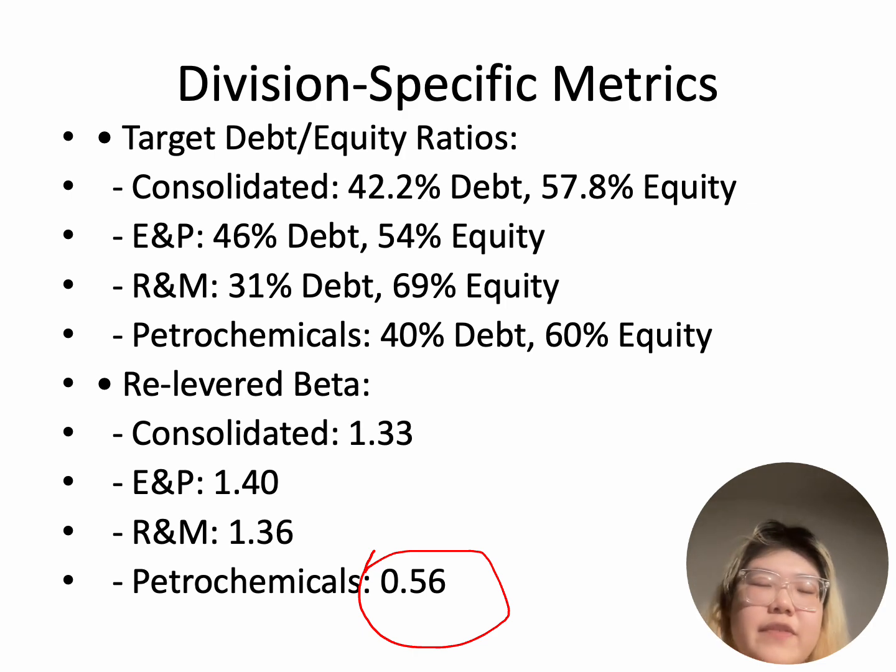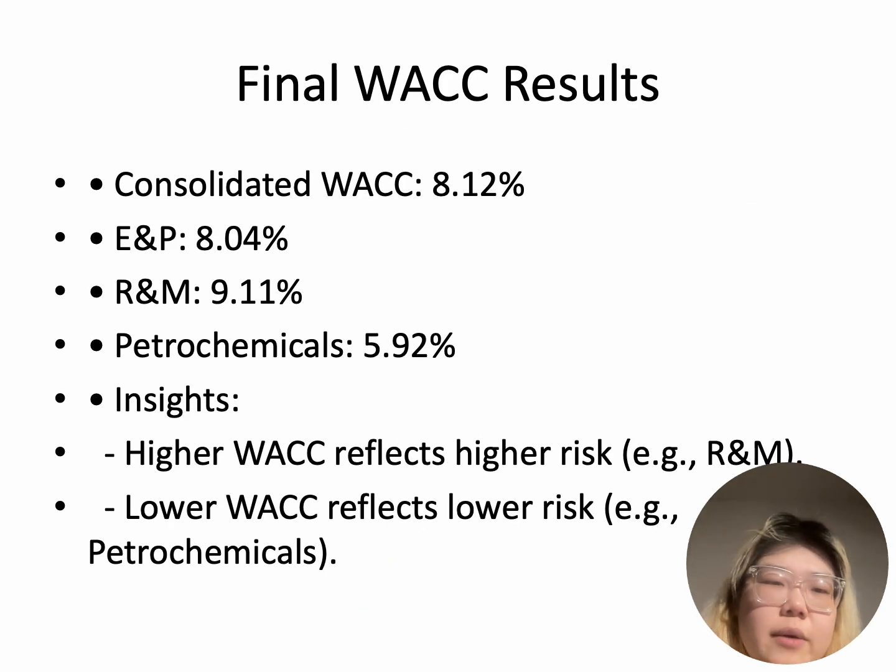So the time is not aligned, so we pass on this and we use the re-leveraged beta to calculate the WACC. Finally, we got the WACC result for the whole company and also for each part.